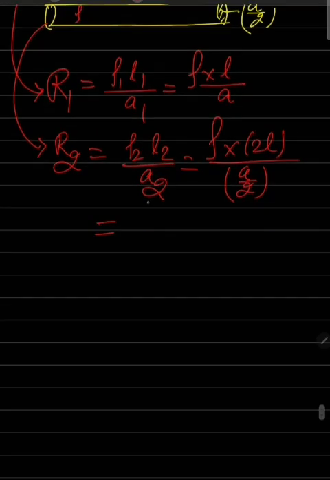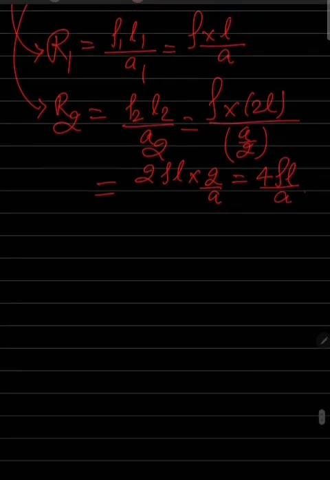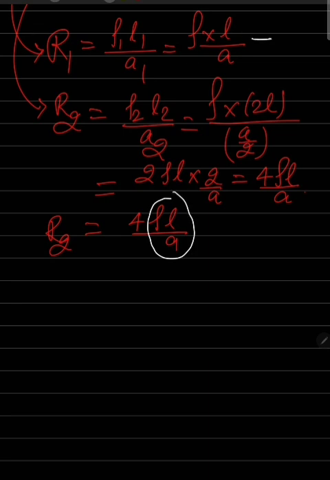So we can write like that: 2 rho L into 2 by A, or we can say that 4 rho L by A. Now R2 is equal to how much we got? 4 rho L by A. And this rho L by A, from this equation we can see, suppose this one is equation A1.